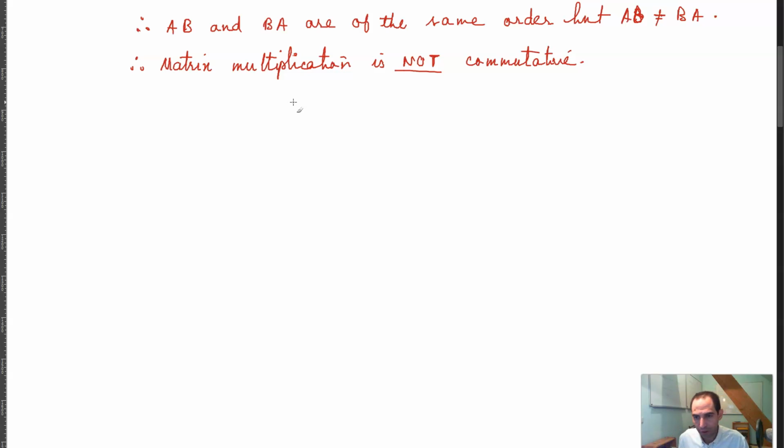Okay? When you want to say that matrix multiplication is commutative, that means that matrix multiplication has to be commutative in all the different possible cases ever possible in mathematics. And that you always have to prove logically.